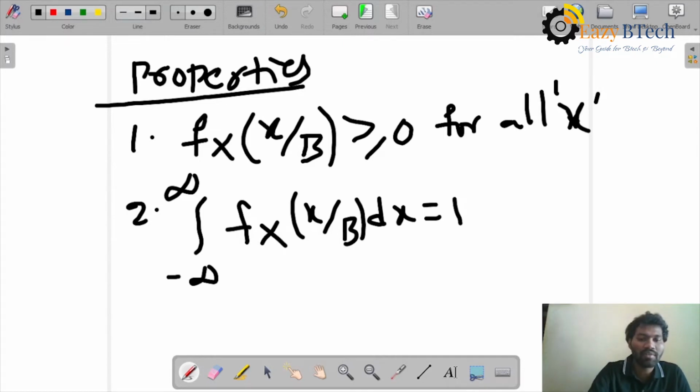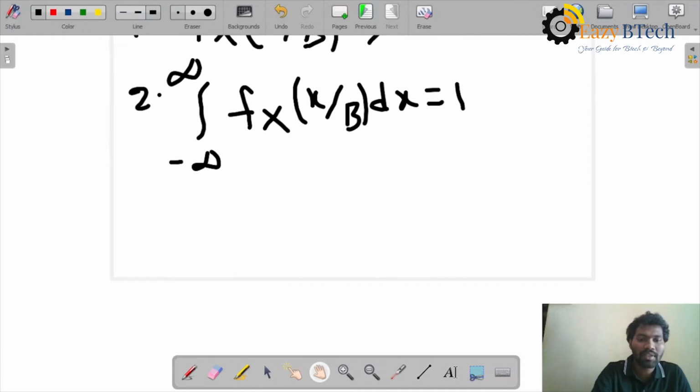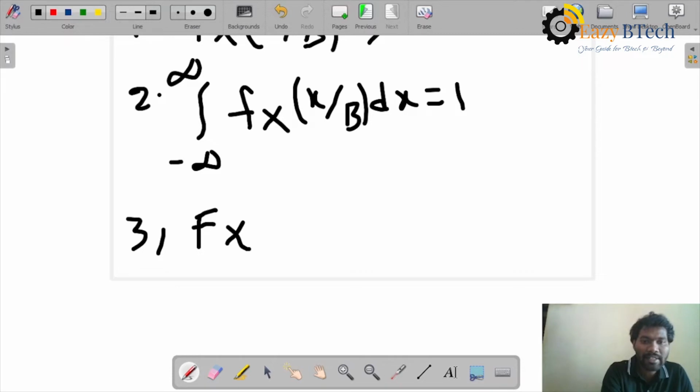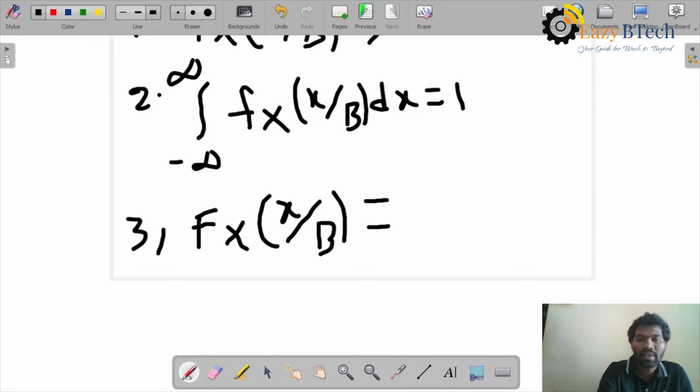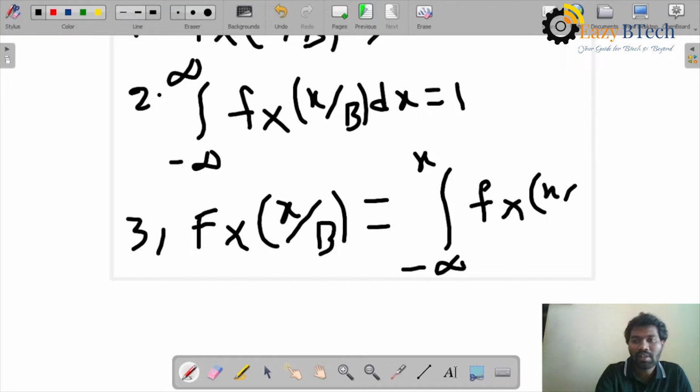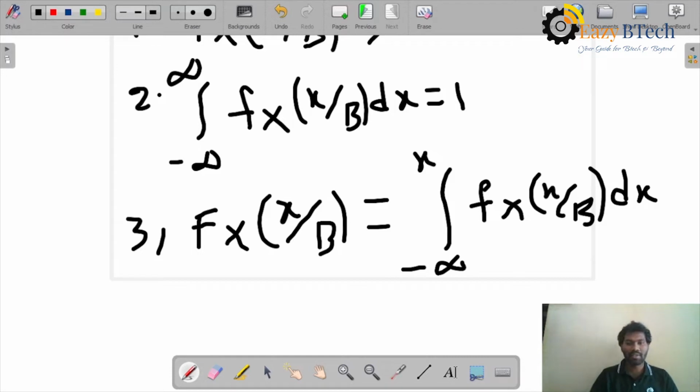Now the third property: if you want to find the conditional distribution function, that is Fx(x | B), you have to take the integral of the conditional density function, fx(x | B) dx.